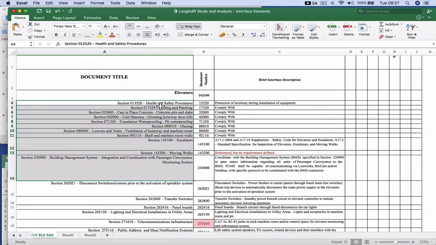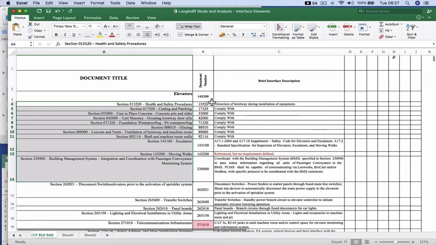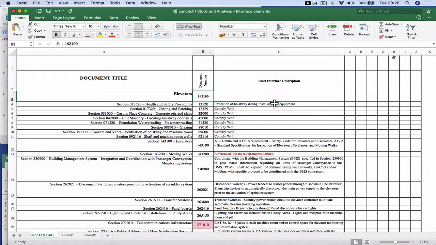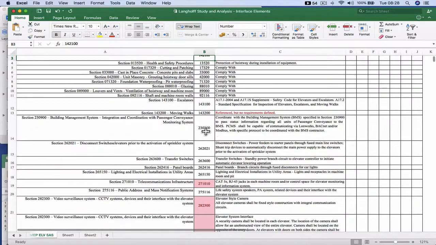So what you do is you say, in 142.100, is it lined up with 13520? Okay, and if it is, leave it alone. It's complied. So you've got a match between the elevators and these. These are general type specs.